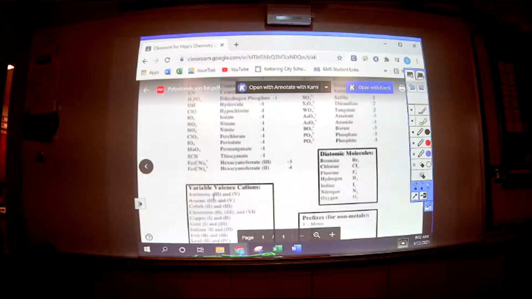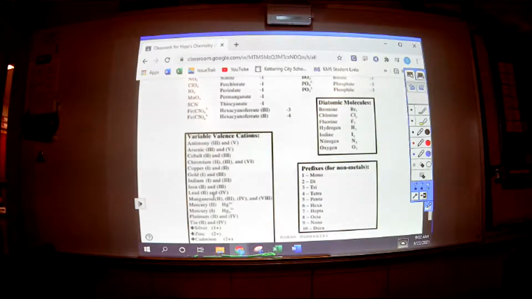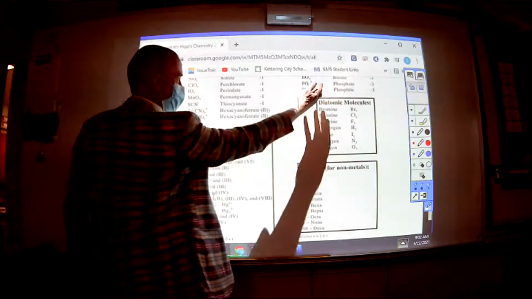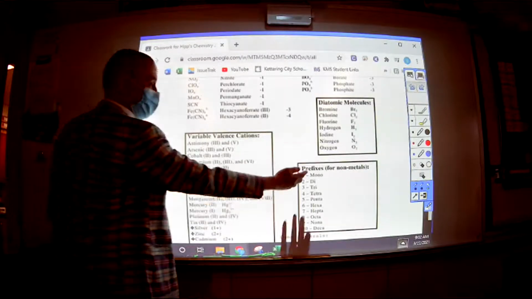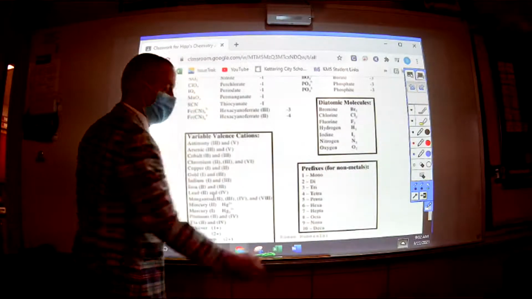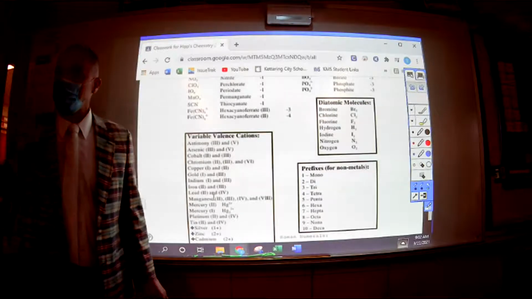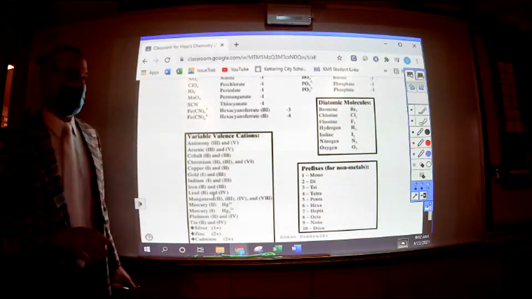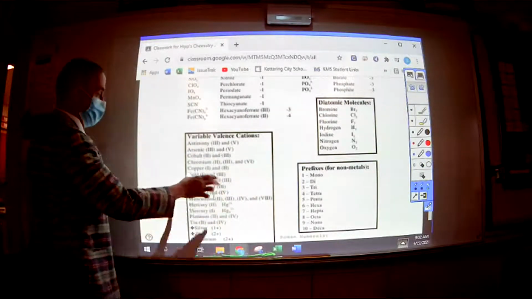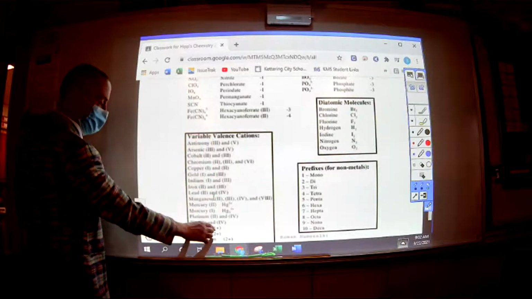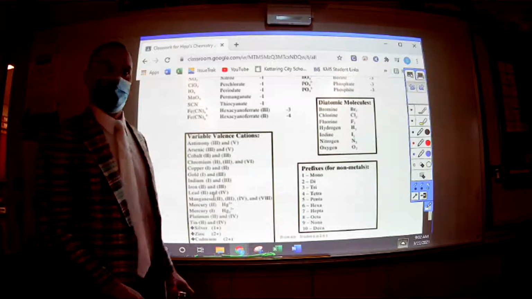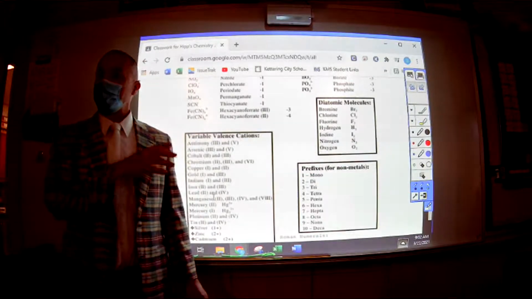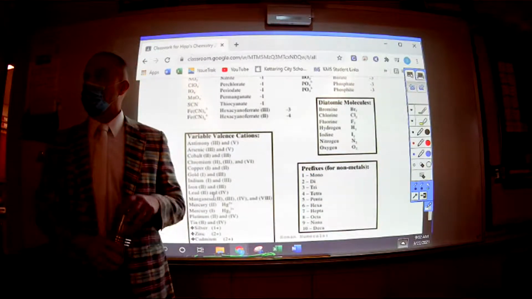But the other reason this is useful is it gives you a list of the diatomic element molecules, and it gives you the prefixes that you use when naming covalent compounds. So this kind of has everything on it you need. And it also has the metals with more than one charge on here and what charges they can become. So this particular thing is kind of like the other two combined into one handout.